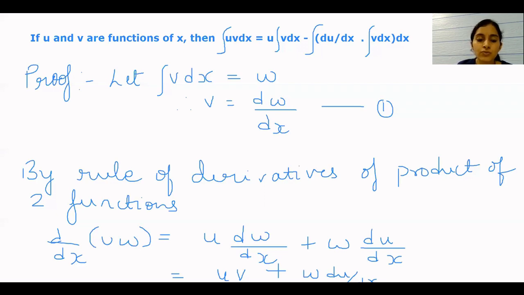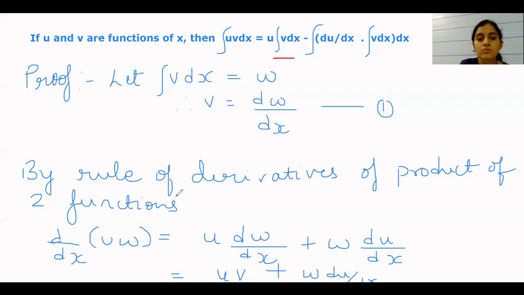Now let's first prove the theorem and then we will look at the sums. For proving, let integral v dx equal w. I'm making use of a third function, calling integral v dx as w.